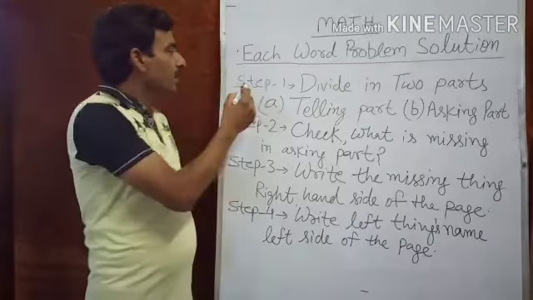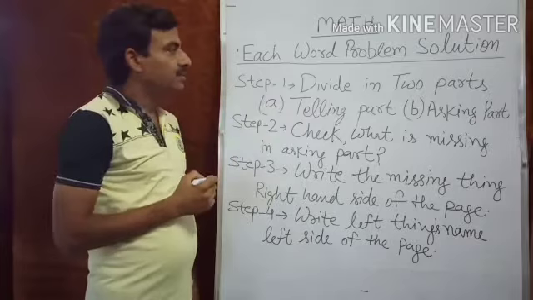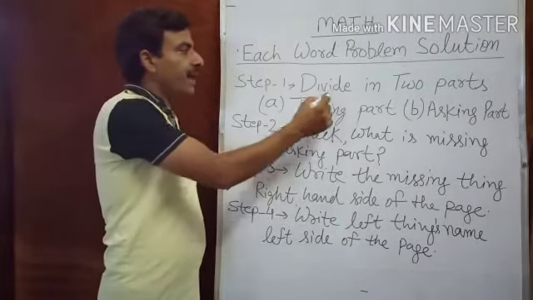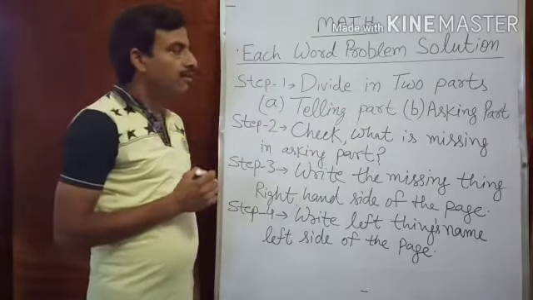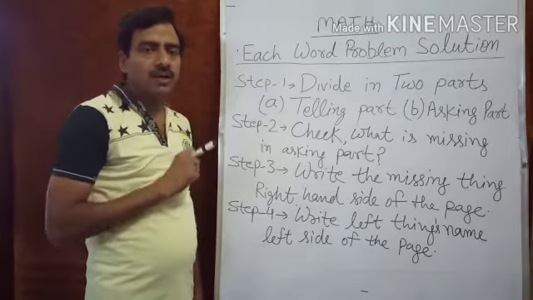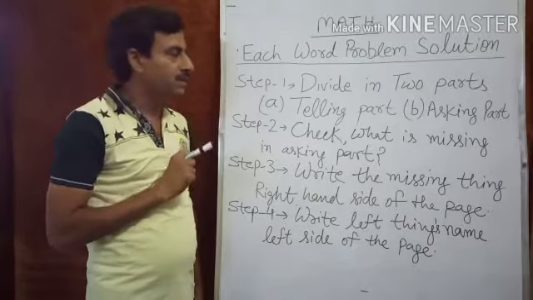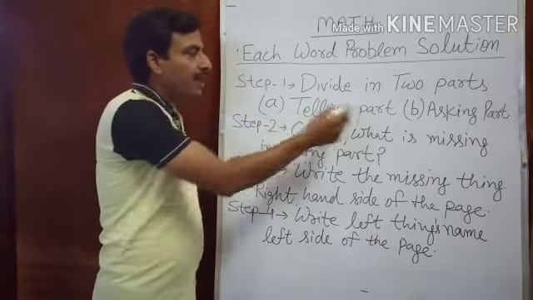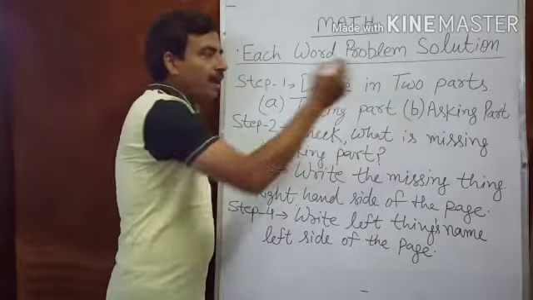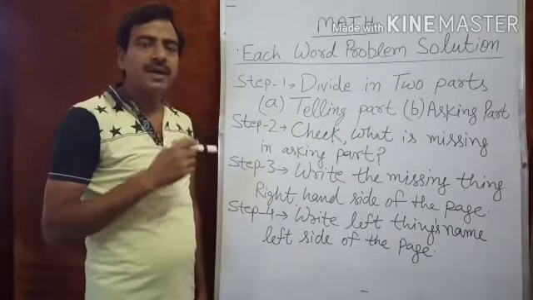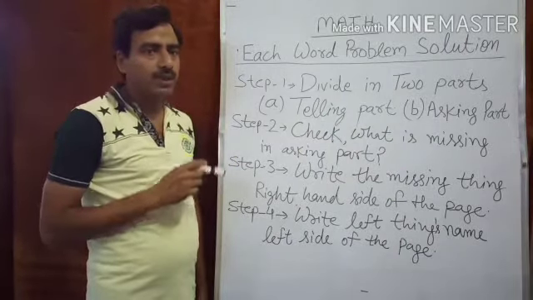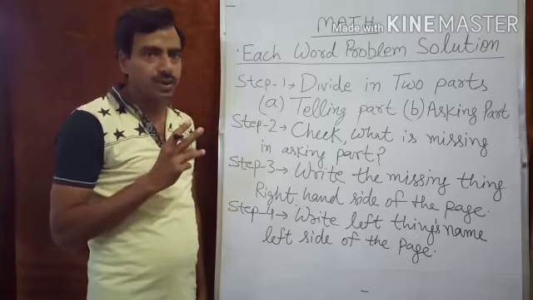Step 1. First of all, we divide the question in two parts. First part, telling part. Second part, asking part. In every type of word problem, there are two parts given in the question.